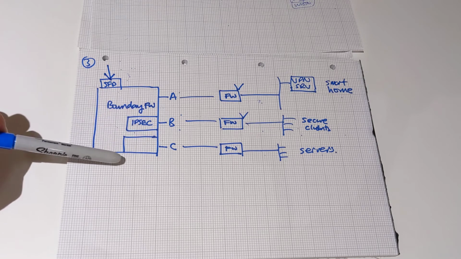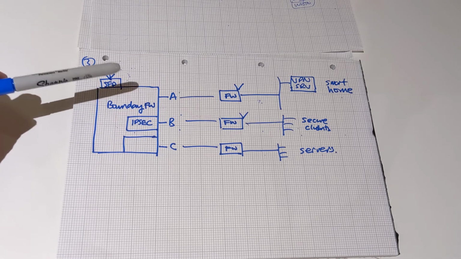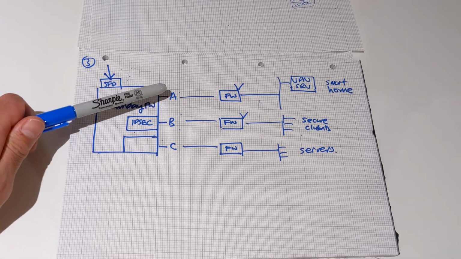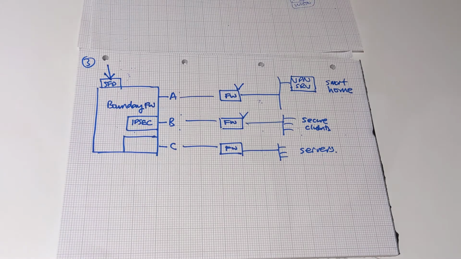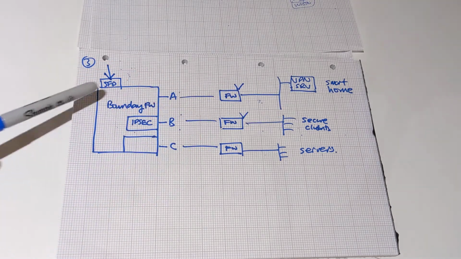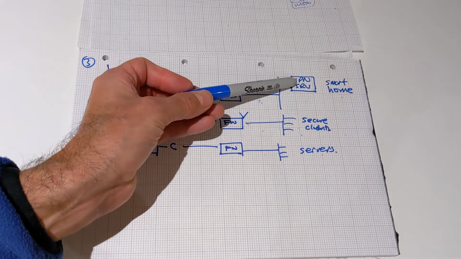So to review the full configuration, there's the boundary firewall, which is a single device. The SmartHome network is network A, as before. It's still got the VPN server on it. So if I want to maintain anything in the SmartHome, I will jump from an outside machine with a key protocol to this VPN server.